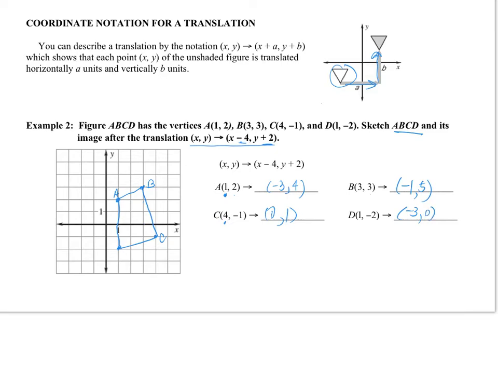Now we're ready to plot the image that's being translated. We can go ahead and label these A prime, B prime, C prime, and D prime. And let's plot the points. A prime, (-3, 4). B prime, (-1, 5).